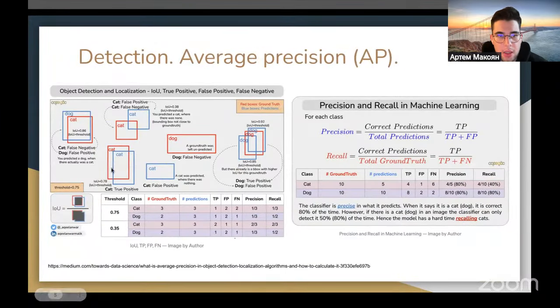Well, let's take one label bounding box and find all predicted bounding boxes that are close to it. How to do this? Find all predicted bounding boxes whose intersection over union is more than a threshold, for example, more than 0.5. And now we can count simple metrics for classification.